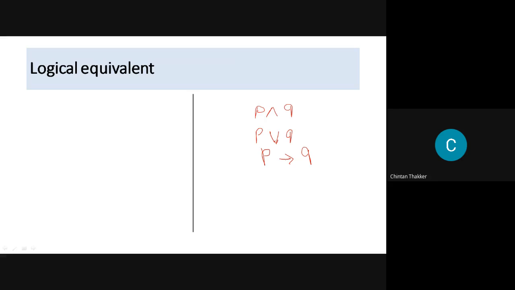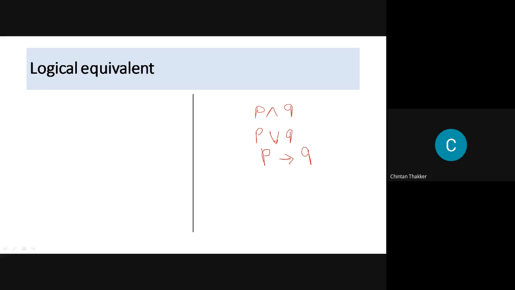The conditional statement is false only if P is true and Q is false. Otherwise, it is true. So if the first statement is false, the conditional statement is true. Or if both statements are true, then also it is true.